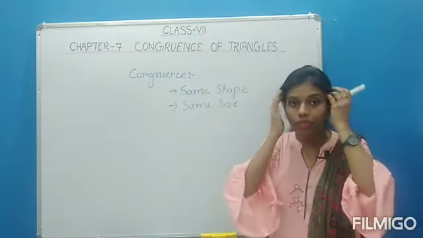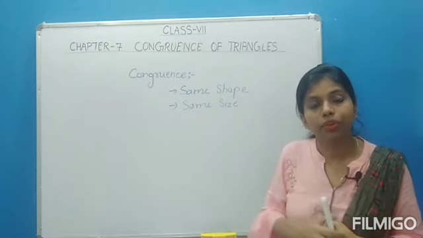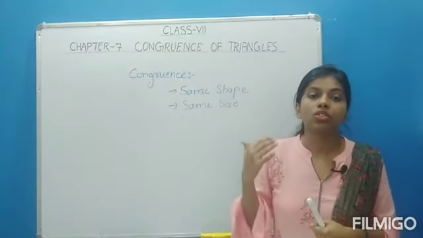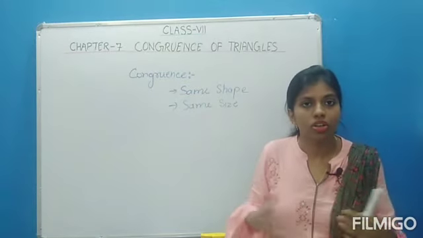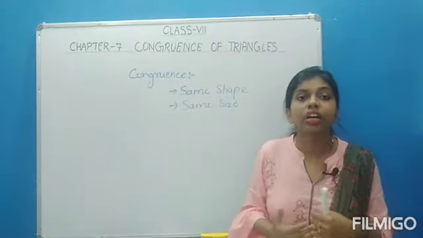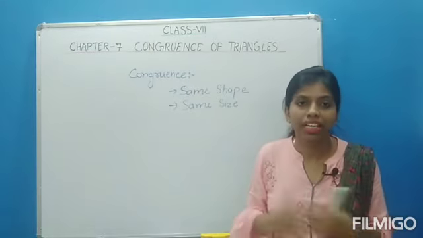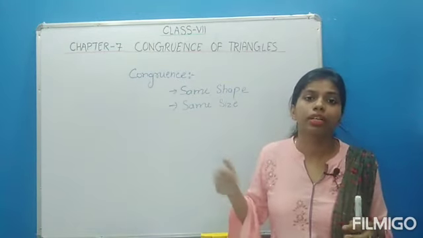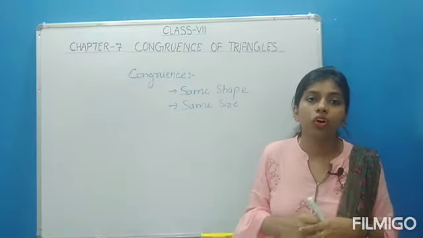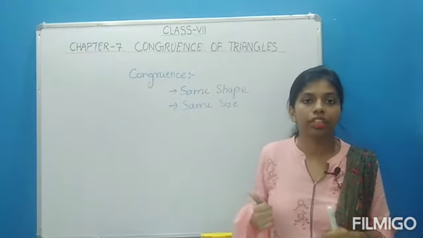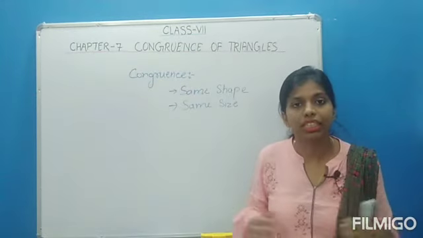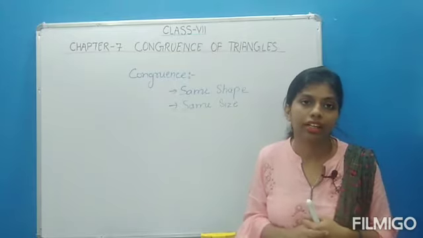In this chapter we're going to discuss congruence of triangles. Congruency may be for 3D or two-dimensional, for any figure. Like this is not a triangle, but it is congruent. But in this chapter, in your syllabus, we're going to discuss only the congruency of triangles.